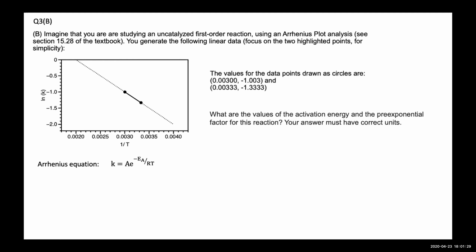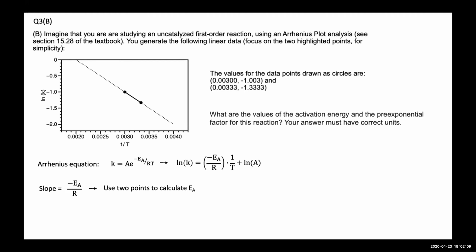If we take the natural log of both sides and rearrange some things, we have this equation, which is pretty much just an equation for a line, because y is ln k and the x-axis is 1 over T. So we have the y-intercept as ln of A and the slope as negative activation energy divided by R. We can use these 2 points to find the slope, which we can then multiply by R in order to find the activation energy.